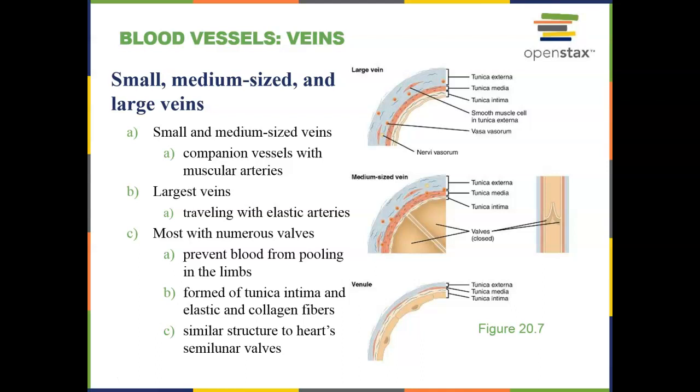Our veins require other mechanisms to move the blood through. So where our arteries use that smooth muscle action to push blood through them, our veins use skeletal muscle pumps and respiratory pumps to help move the blood. And then the valves keep the blood from moving in the opposite direction.